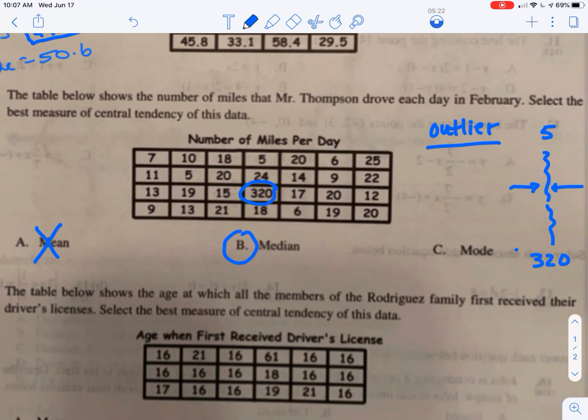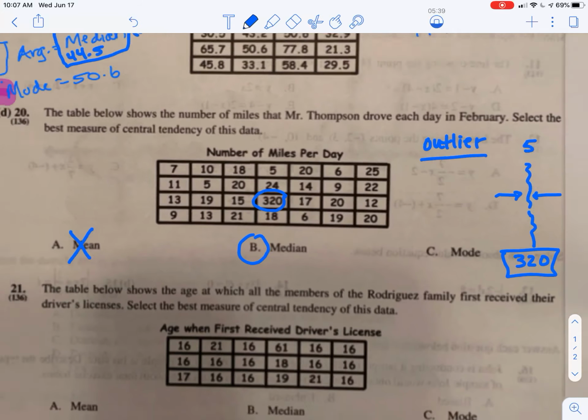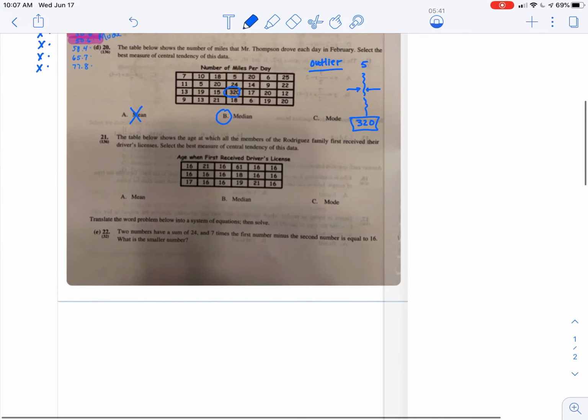The 320 is going to be way down here. He's way off from any of the other numbers and will throw off your calculation of a mean. But by listing them in order and finding the middle number, it helps you to identify what the mean would be close to being. Okay? So that would be the best method there.